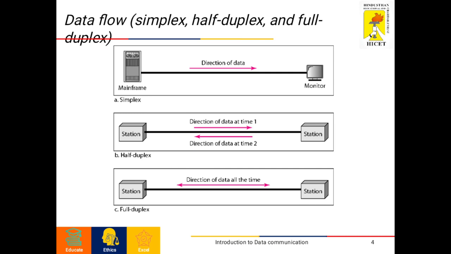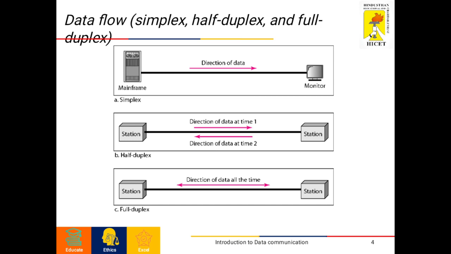In simplex mode, the communication is unidirectional, which means only one of the two devices on the link can transmit and the other can only receive. This is one-way communication. Simplex mode can use the entire capacity of the channel to send data in one direction.